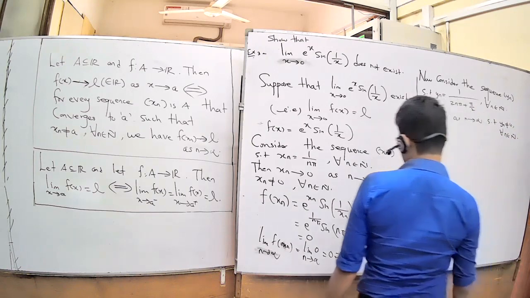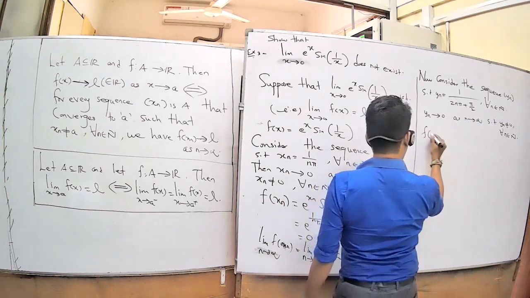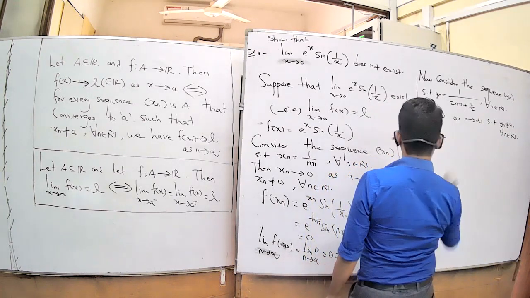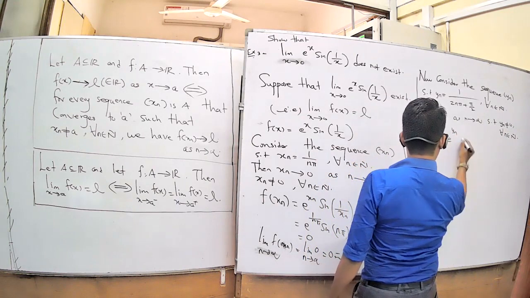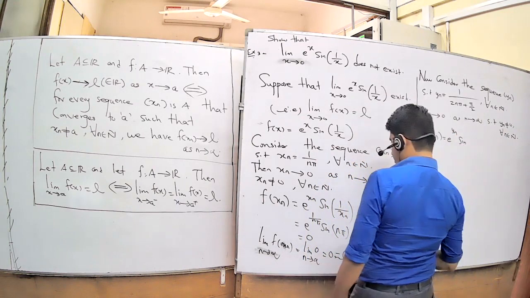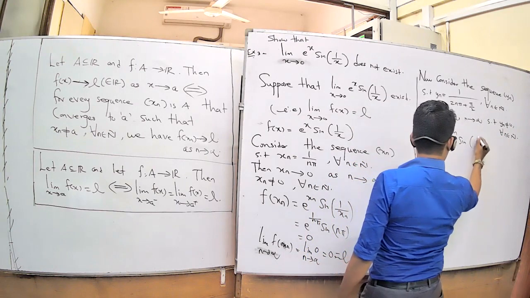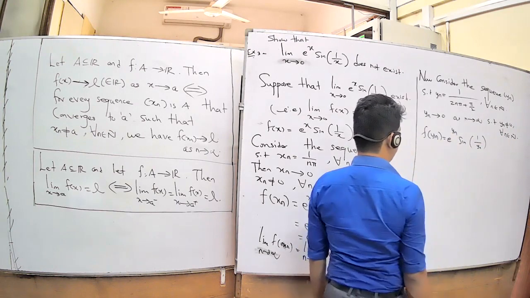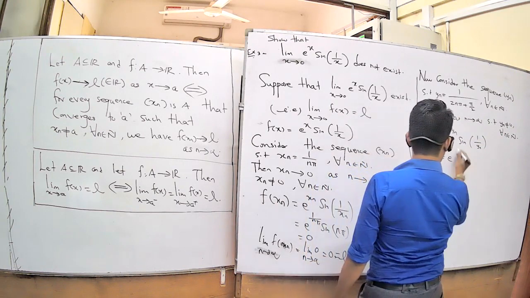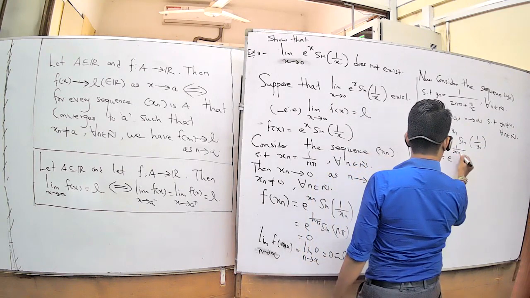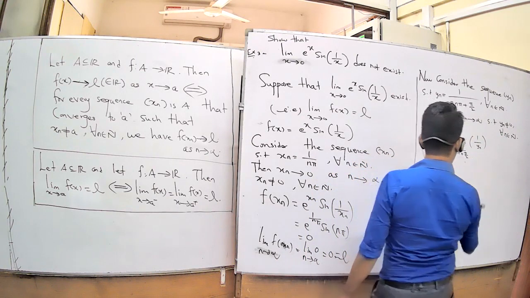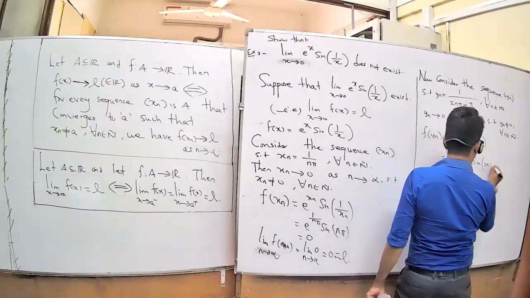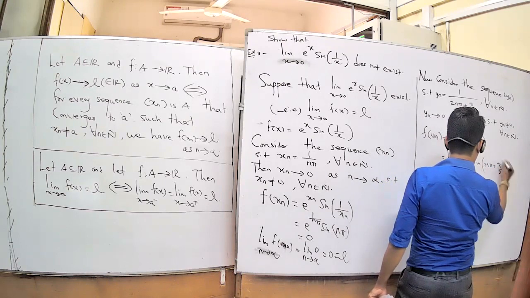Now what is the value of f of y_n? f of y_n equals e^(y_n) sin(1/y_n). With y_n equal to 1 over (2n pi plus pi by 2), this gives e^(1/(2n pi plus pi by 2)) sin(2n pi plus pi by 2).